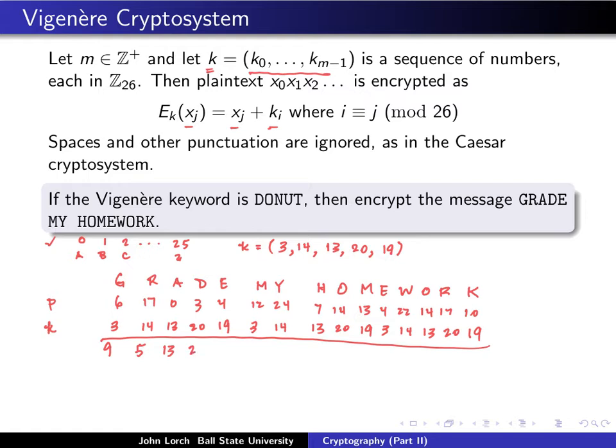And then we have 23. 19 and 4 is again 23. 12 and 3 is 15. 24 and 14 is 38, which is 12 mod 26. And we have 20. 14 and 20 is 34, which is 8 mod 26. Then we have 32, which is 6 mod 26. And then 7, 10, 1, 12, and 3.